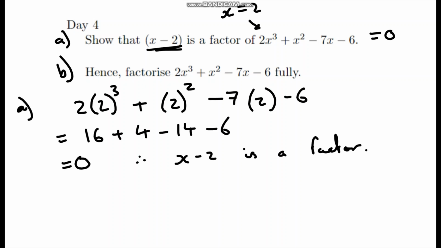Now for part B, it's telling us to factorise this fully. So what I'm going to do is use the grid method for this.